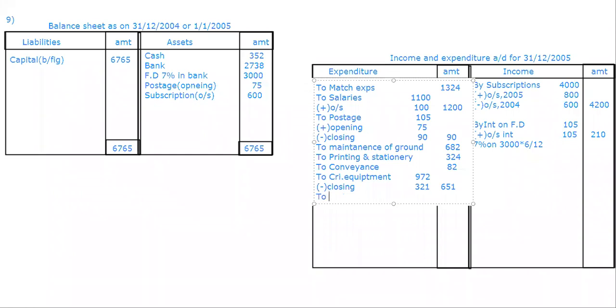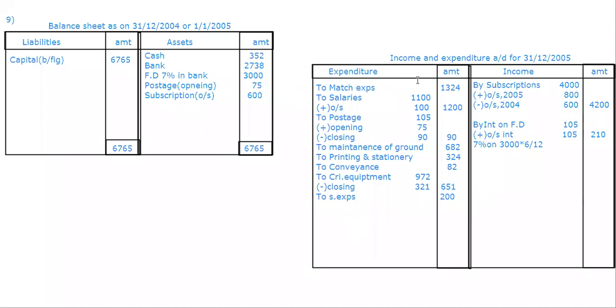After conveyance, we have sundry expenses, 200. Anything else we missed out? Please check. Obviously, we'll get a negative balance only. 143.